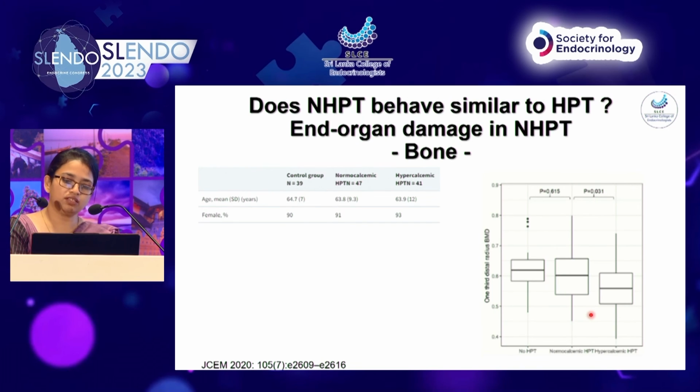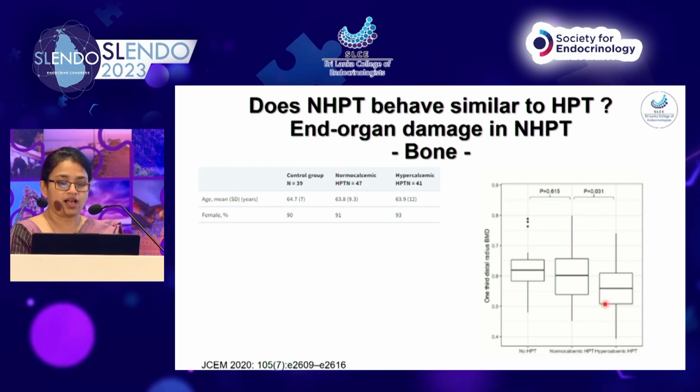And when we check the BMDs, you may appreciate that from the control, there's no significant difference in distal 1/3 radius BMD in the normocalcemic hyperparathyroid group, whereas in primary hyperparathyroidism, there's a significant difference of reduced BMD in the distal 1/3.